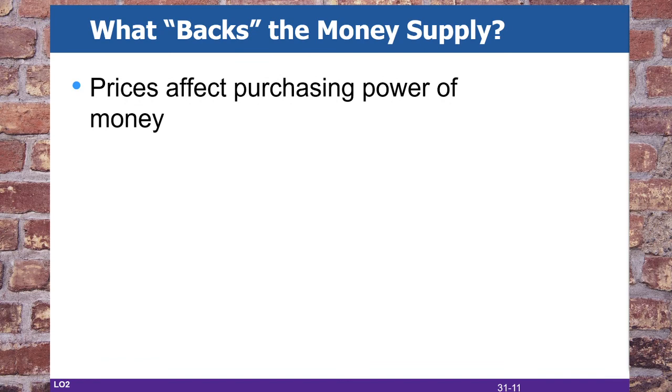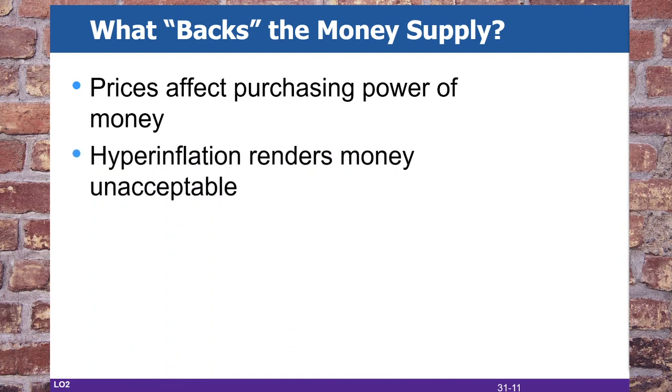A couple things we want to note. Prices affect purchasing power of money. So the higher prices are, the less the money is worth. Hyperinflation renders money unacceptable. We had talked about this in class one day, that if the multiplier could make infinite amounts of money, that would end up causing hyperinflation.